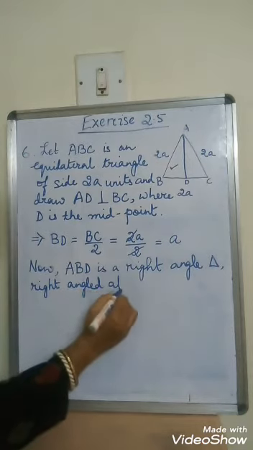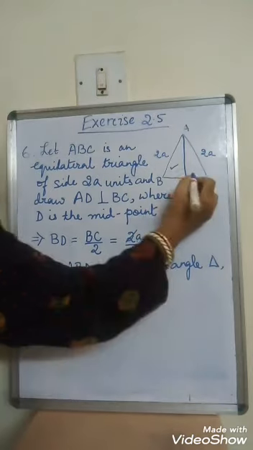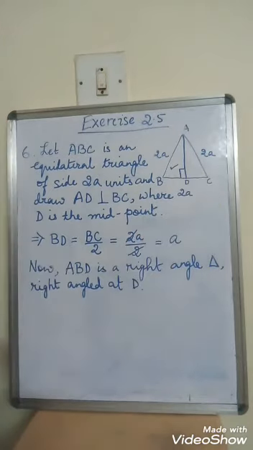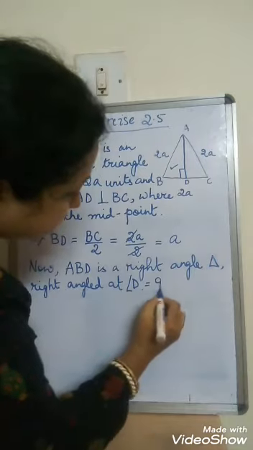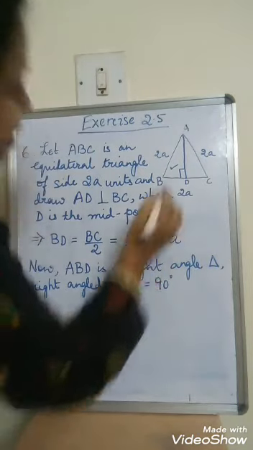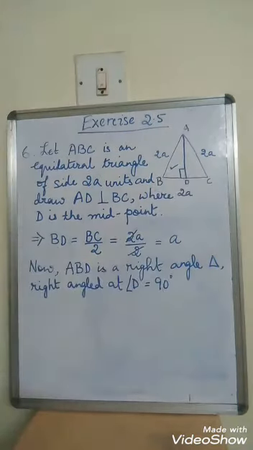Right angle at D, right? So this is the right angle here. Okay, 90 degree there. Angle D is equal to 90 degree, right? So I said here this is 90 degree, angle D is 90 degree.